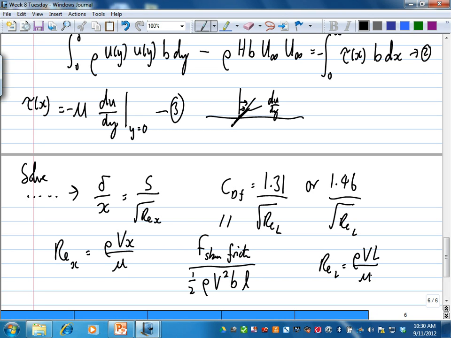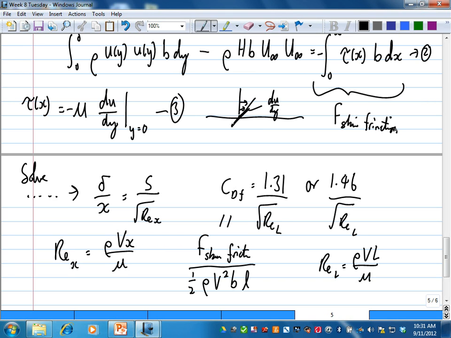This skin friction is actually that picture up there, number 2. This one is equal to this one, this skin friction force. So that's the total force on the skin.